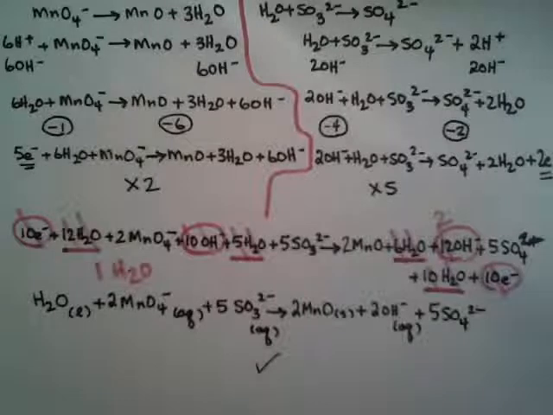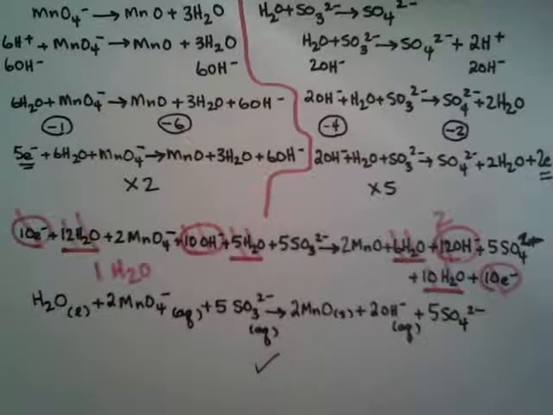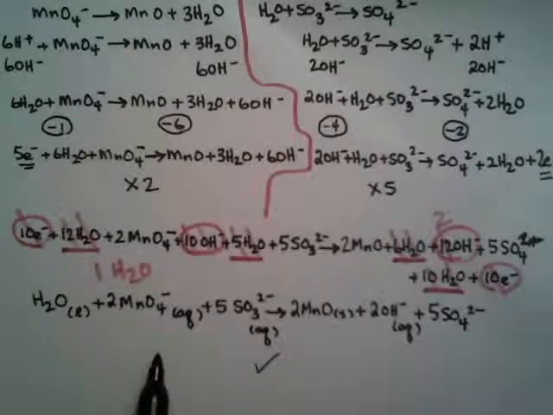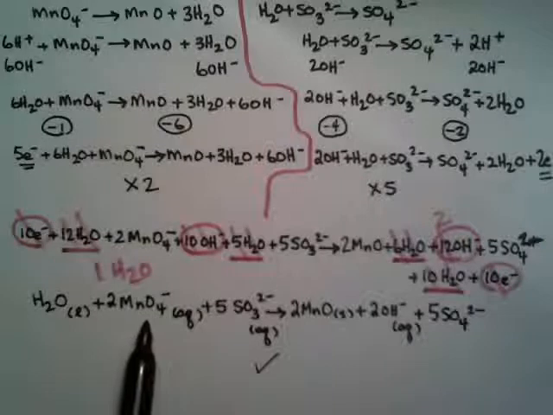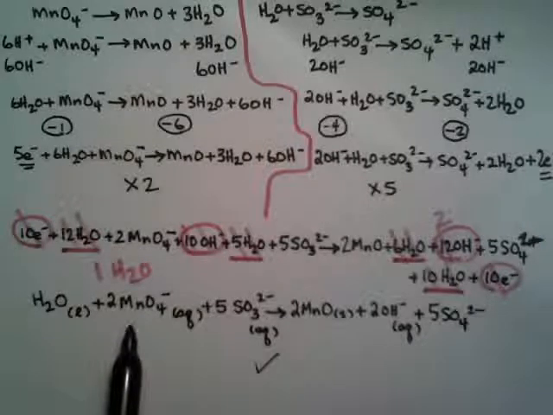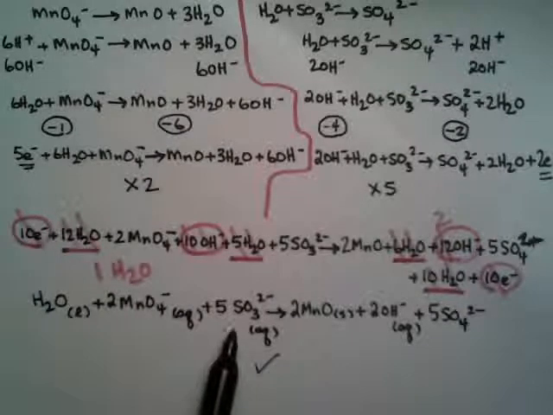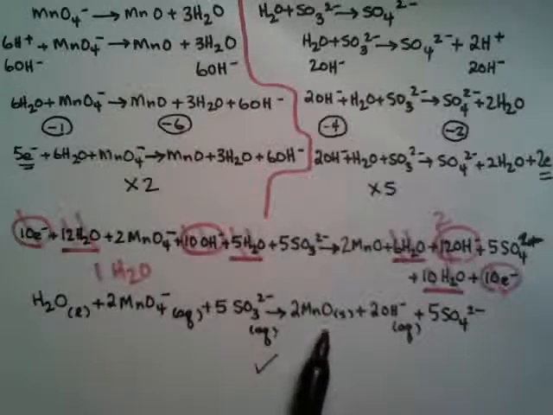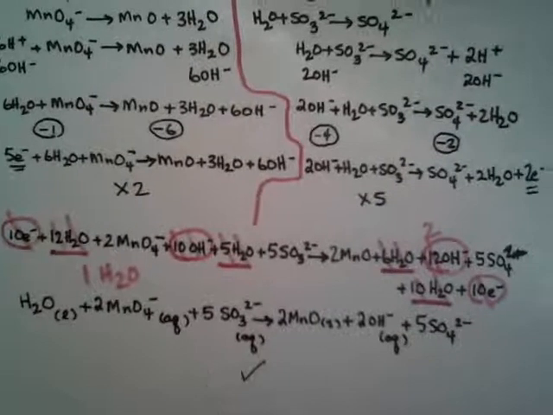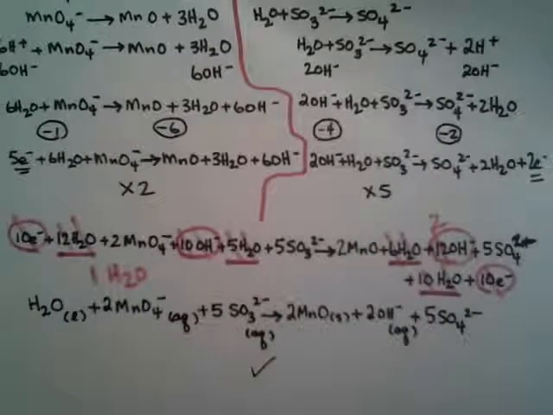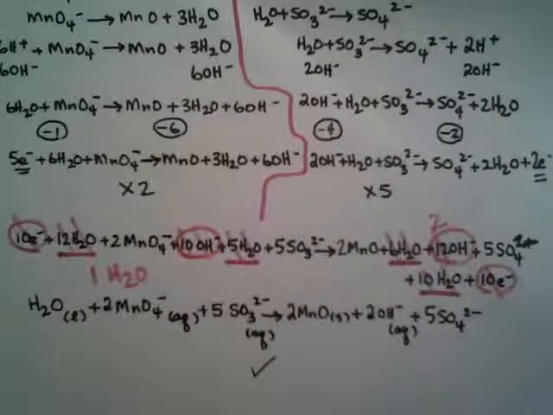Okay, so remember, this could just be the first half of a larger problem, and here the larger problem might be that we're mixing so many milliliters of so many molar permanganate solution or potassium permanganate solution with a volume of so many molar sulfite, and predict the solid precipitate that comes out, something like that.